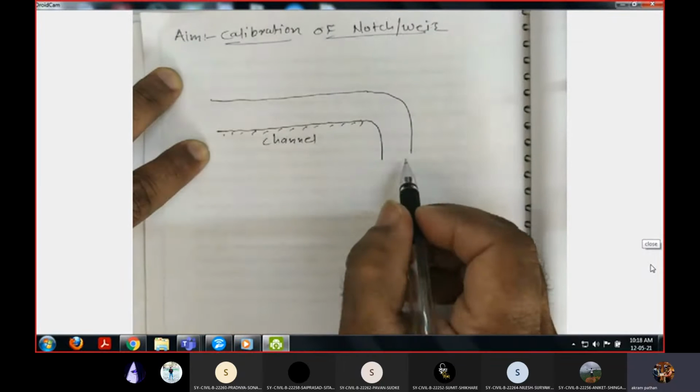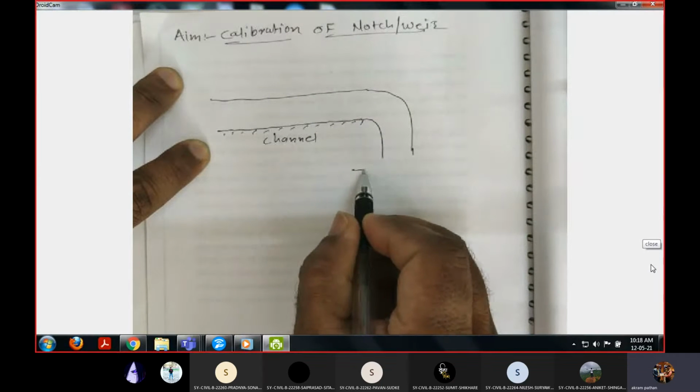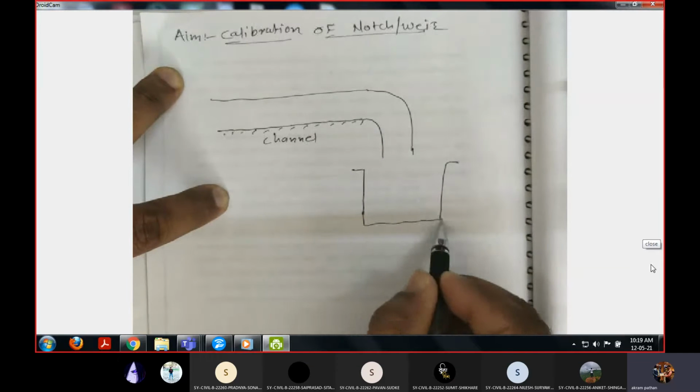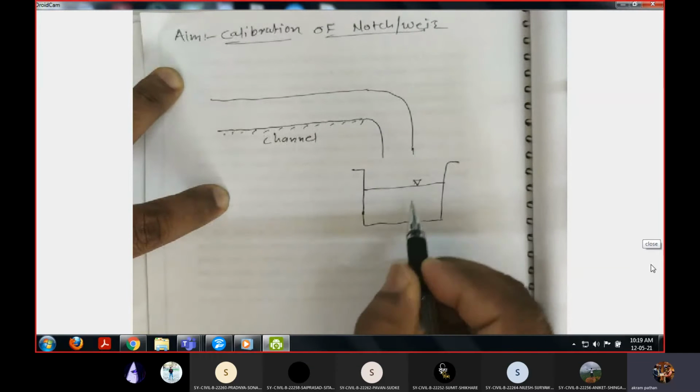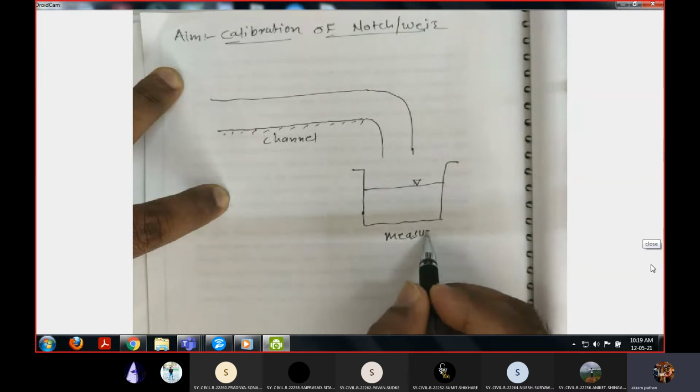Now at the end of this channel we have a measuring tank. This is the measuring tank.